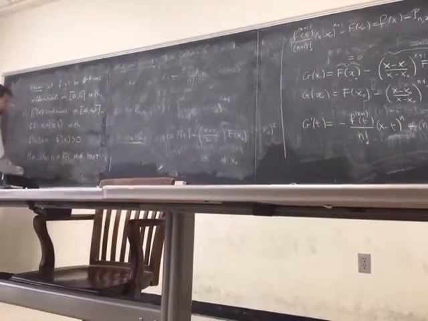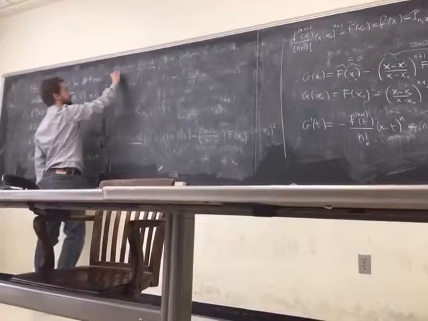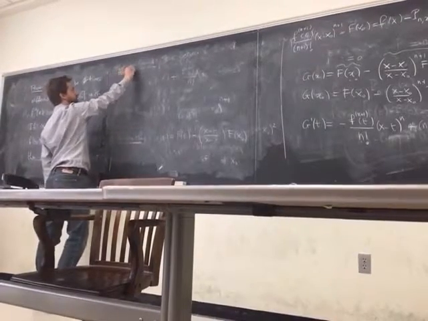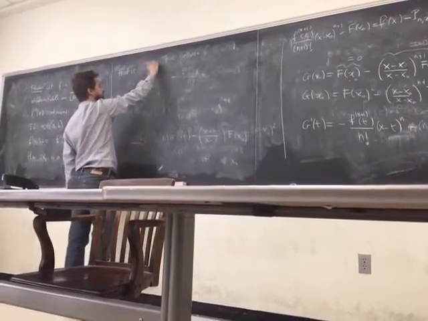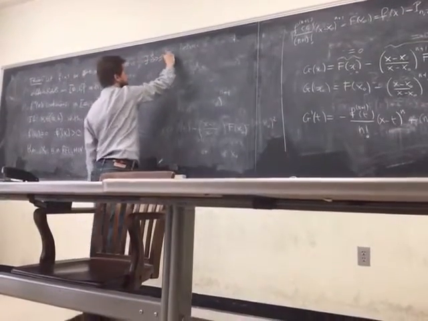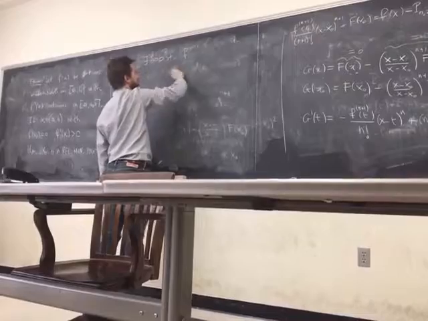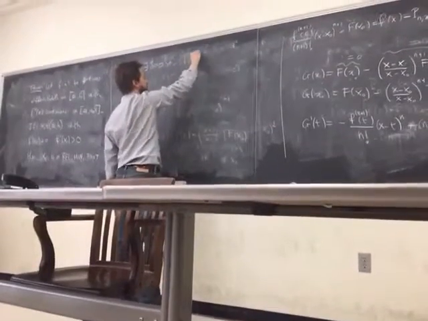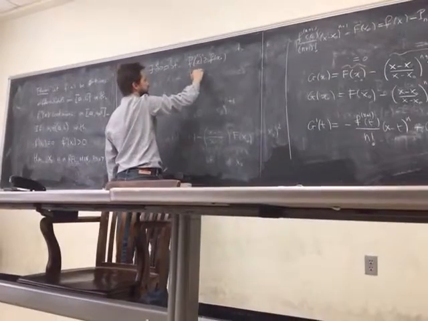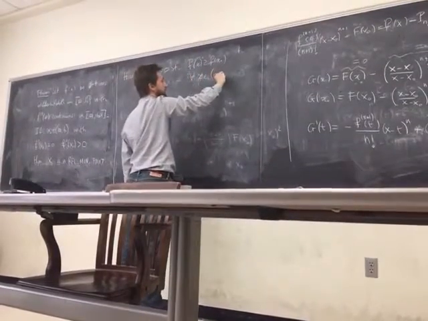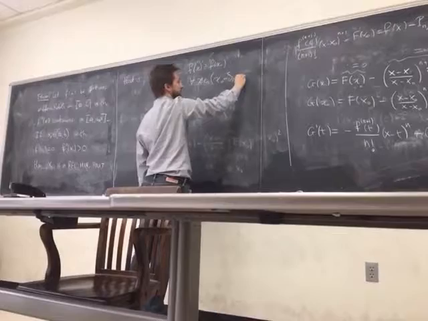What does it mean? It means that there exists a positive number delta such that f of x is greater or equal than f of x naught for every x belonging to the interval (x naught minus delta, x naught plus delta).